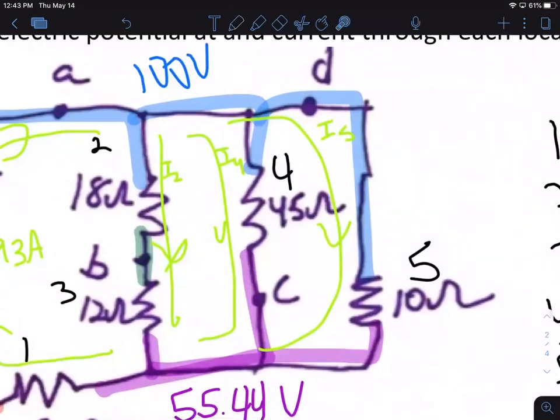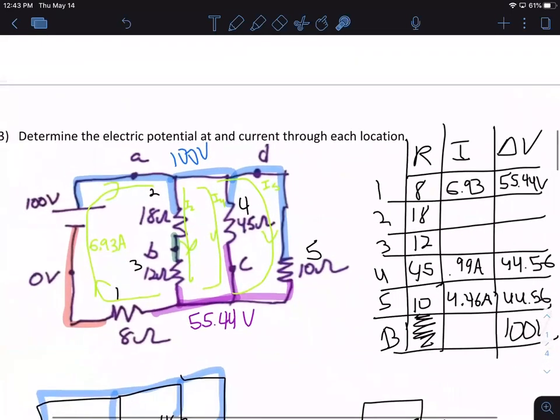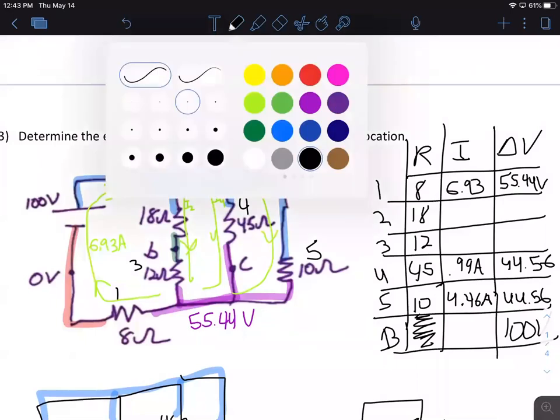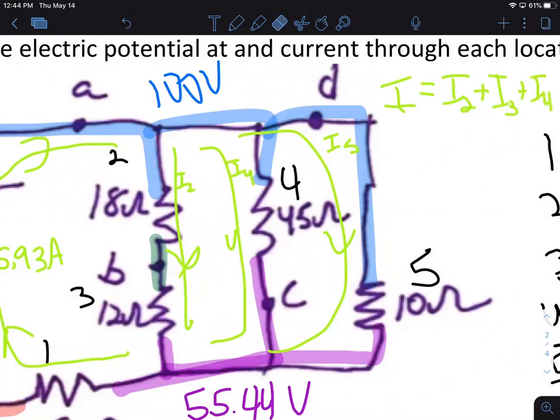And that's these two branches. So conservation of current, I know the total I, which is coming in here is splitting into those 3, and current is conserved. So it has to be I2 plus I3 plus I4, or I5.